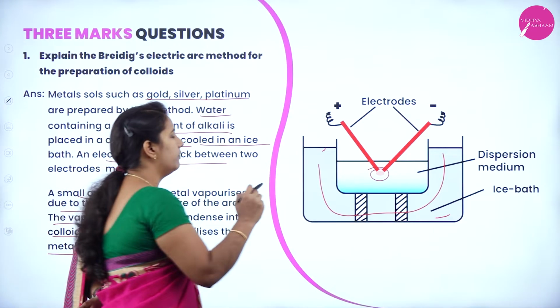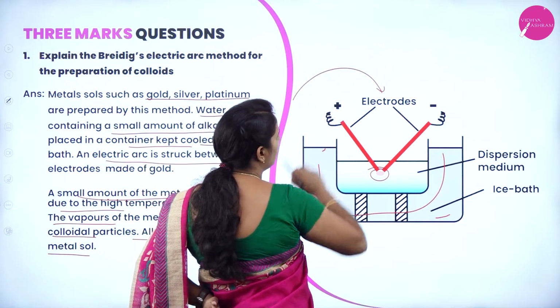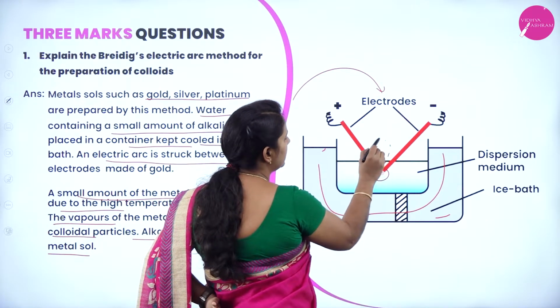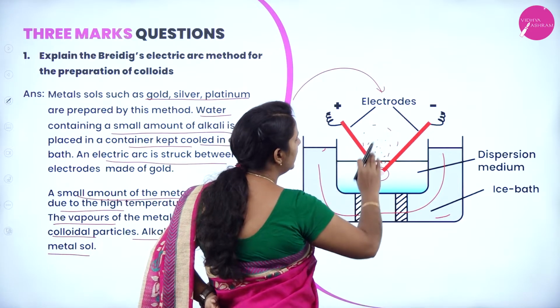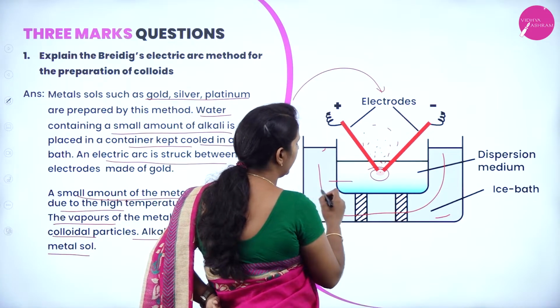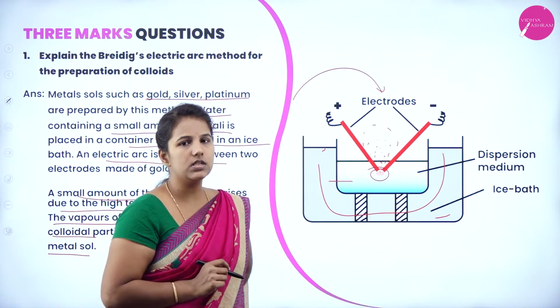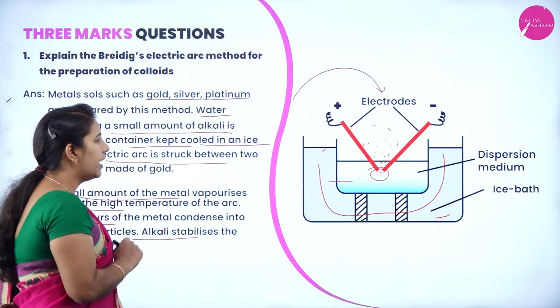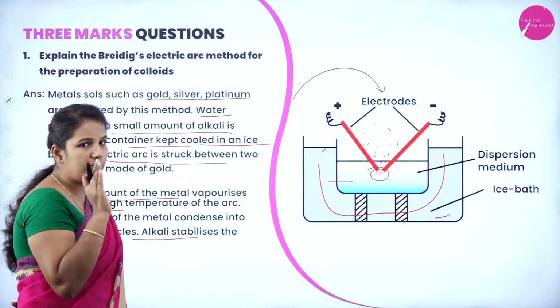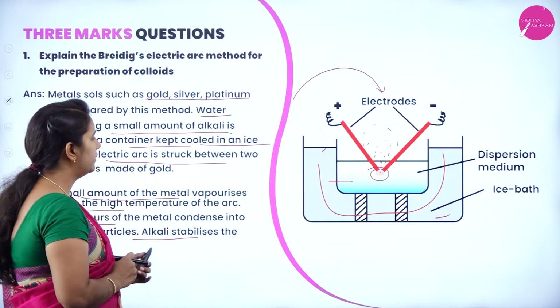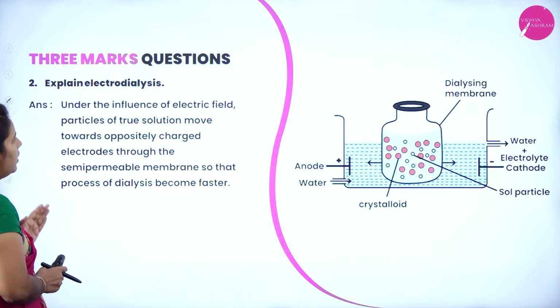So when we apply the high electrical field to this electrode, what will happen? The metal will start vaporizing. When the metal starts vaporizing, it will be condensed and stabilized by this alkali to form a metal sol. Okay, this is how we can prepare the metal in colloidal form by using the Bredig's electrical arc method.